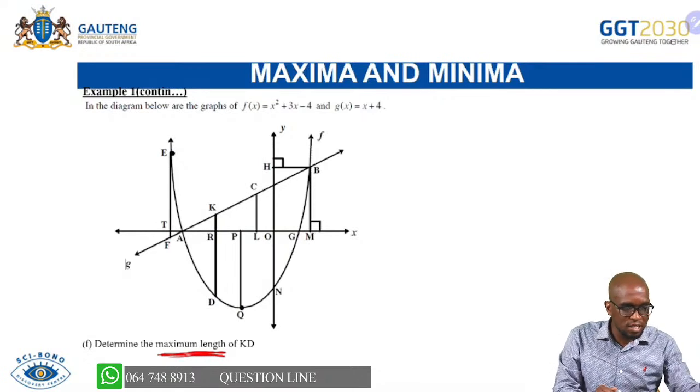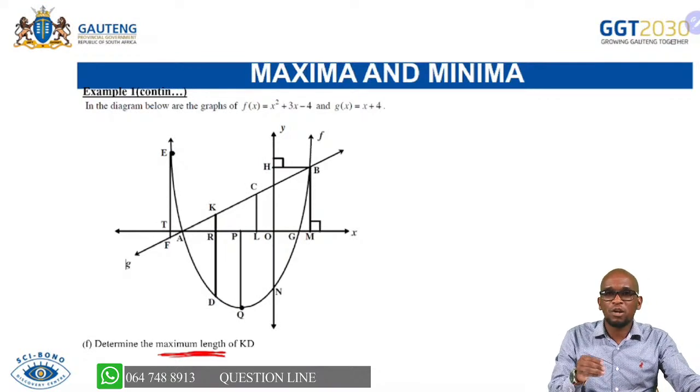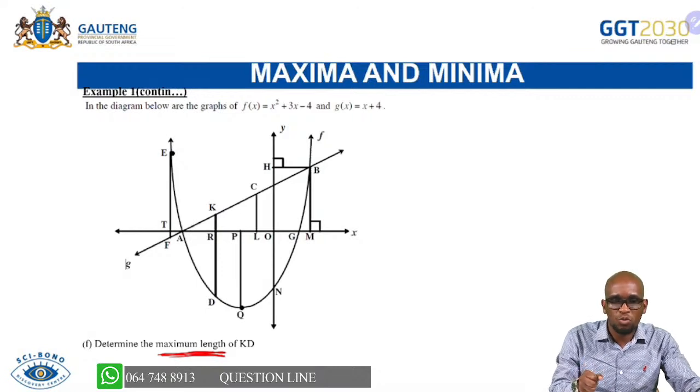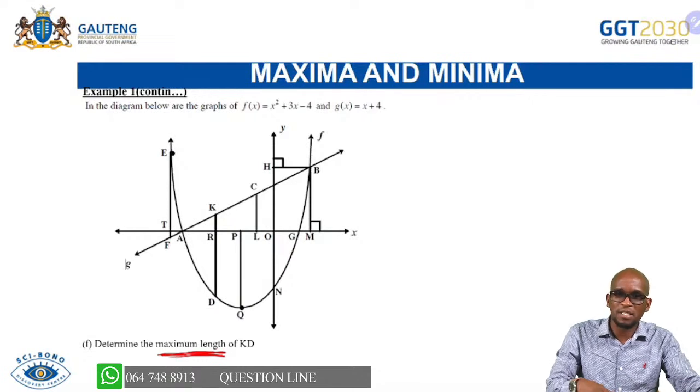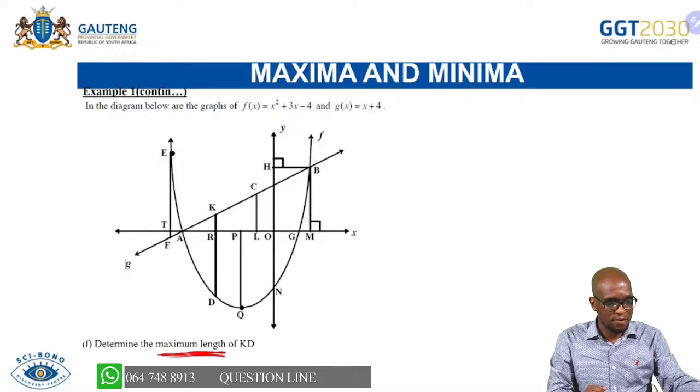But in grade 11, we learned that we can only maximize and minimize a quadratic equation where you have the turning point representing either the minimum or the maximum, depending on the concavity of that particular curve, depending on whether it's a parabola facing down or a parabola facing up.